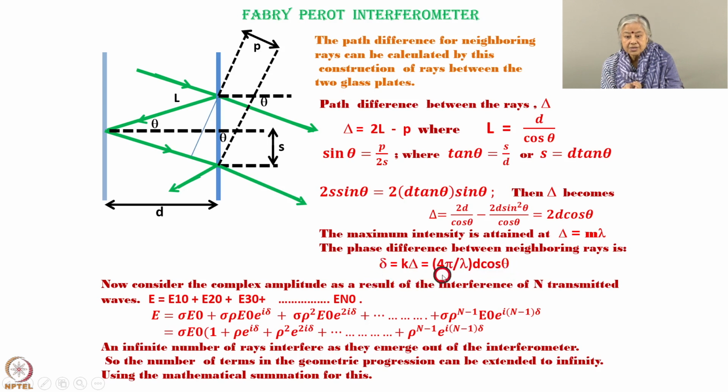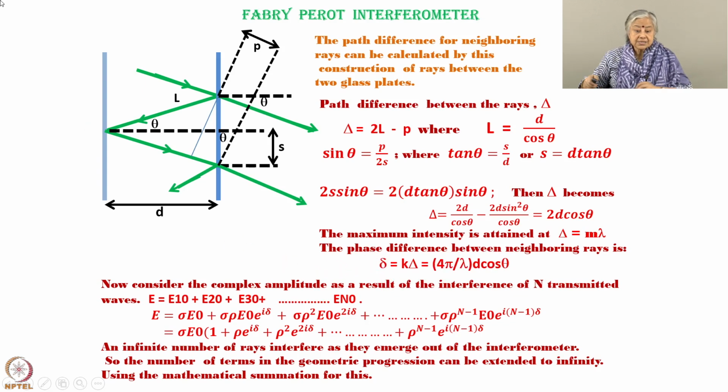Here everything is known: d, the distance between the two plates, theta, the angle at which the input beam has come in, so you know exactly the angle at which it is getting reflected, and lambda, of course, the wavelength of the light that you have used. So all these parameters are known in your experiment, and your phase difference becomes a known parameter.